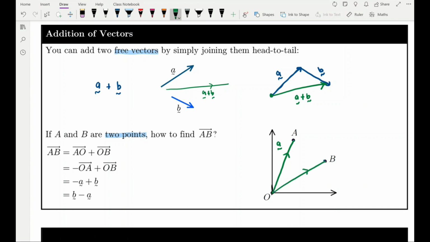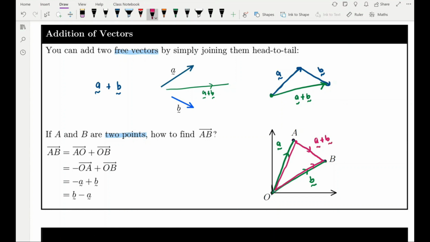This is our B. By using head to tail, we have A, and we need the opposite direction to B, like this. That means from A until the head of B. This is our A plus B.